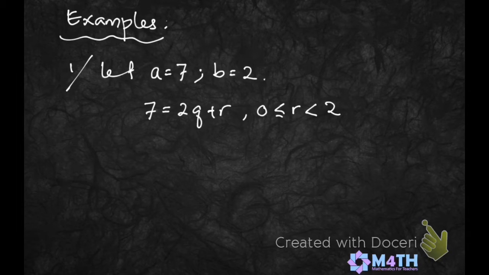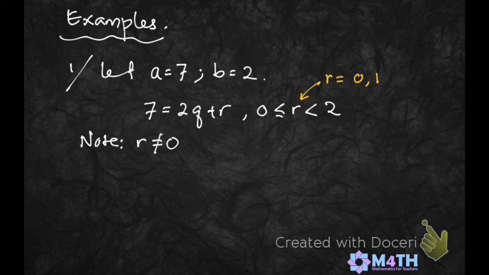The possible values of r are either 0 or 1, and it cannot reach 2. r is not equal to 0, because if r is 0, it's difficult to get a q that satisfies the equation.